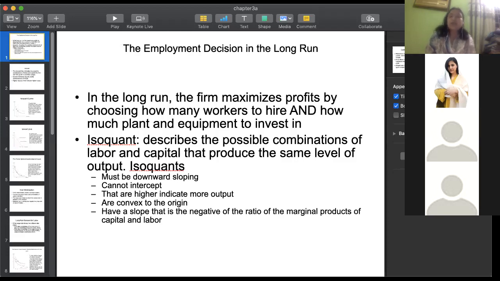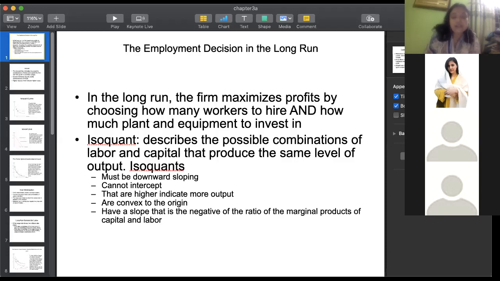To understand the long run profit maximization decision of the firm, we have to do analysis with an isoquant, right? I know some of you have heard about this in your intermediate micro, but we are just going to apply that same concept to the labor market.